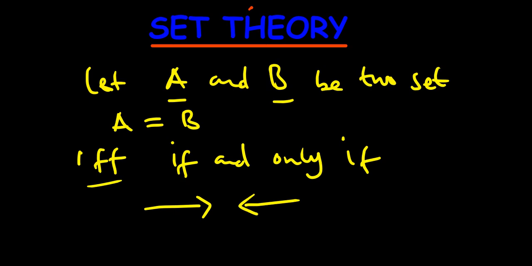So a is equal to b if and only if a is a subset of b, and the backwards being true, that b is also a subset of the set a. So this is when two sets are equal. All right, are there any questions up to this point?